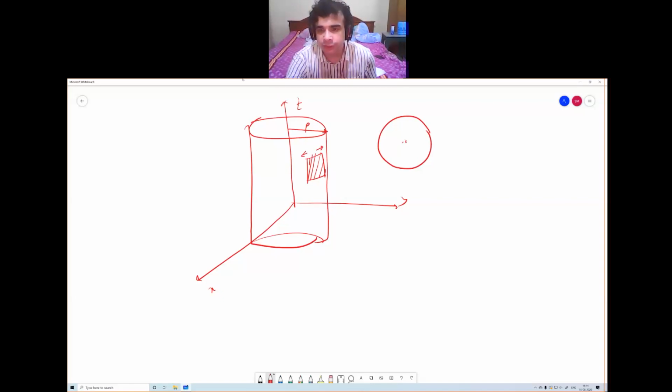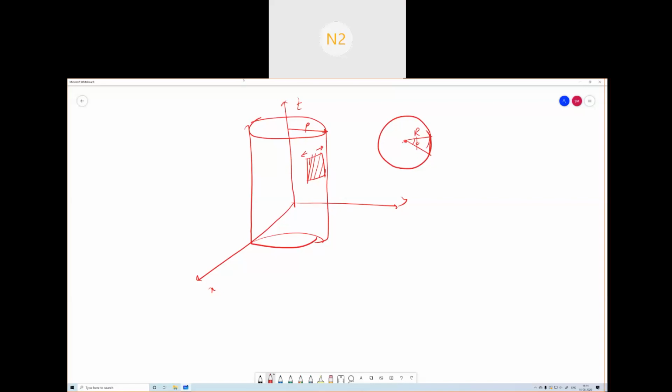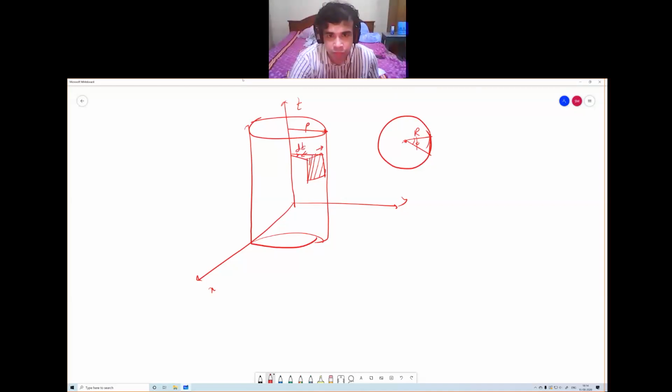If this is a circle with radius r and angle phi, what is the length of this arc? R into phi. Excellent.